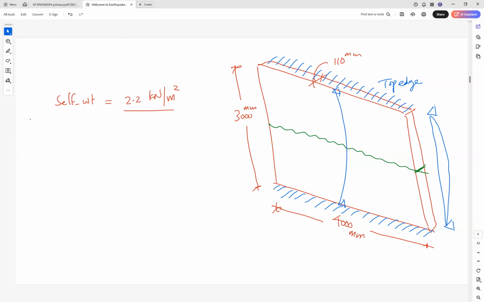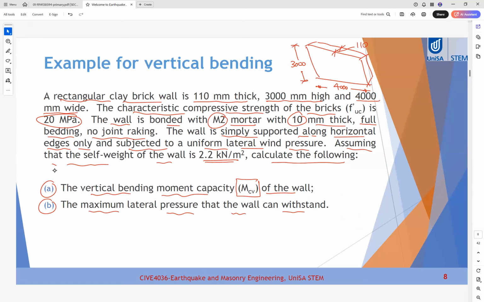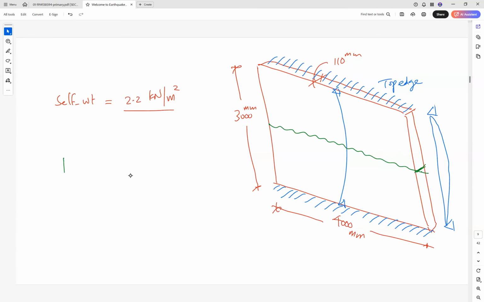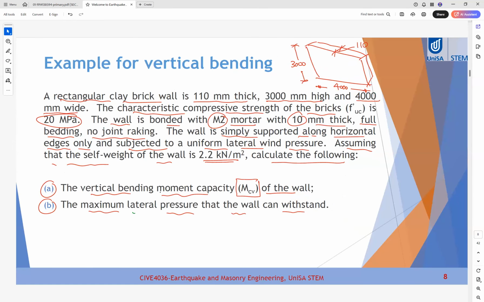So what is the requirement? Find the vertical bending moment capacity MCV. So we need to find how much MCV is. This is our first one. Second one, using this information, MCV or the capacity, we need to find how much is the maximum lateral wind pressure or earthquake pressure on the wall.